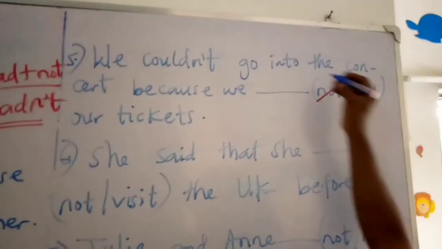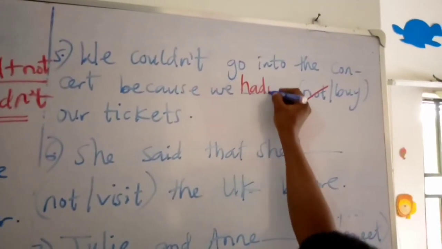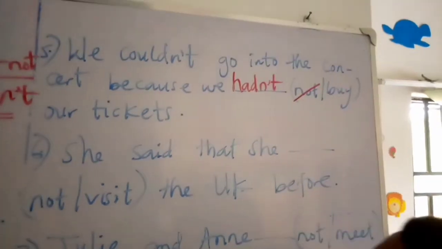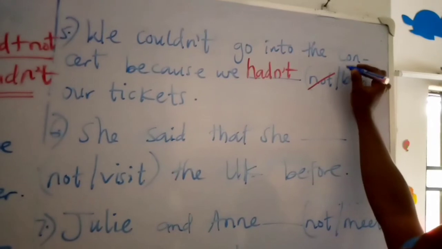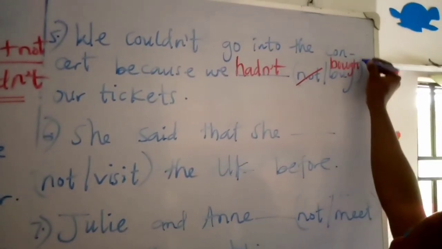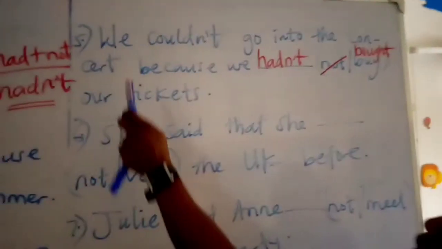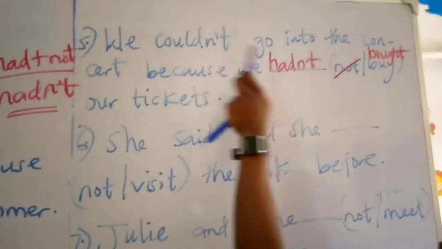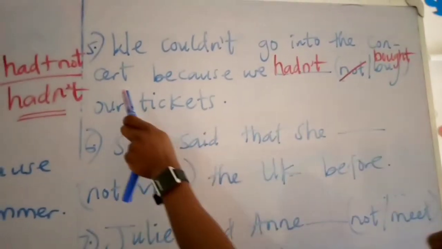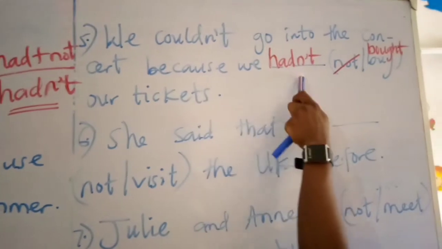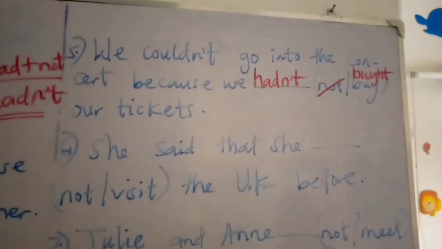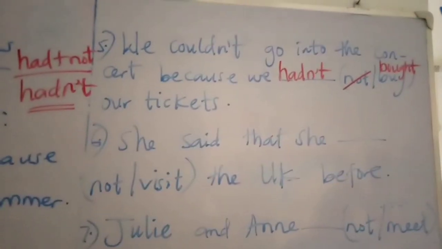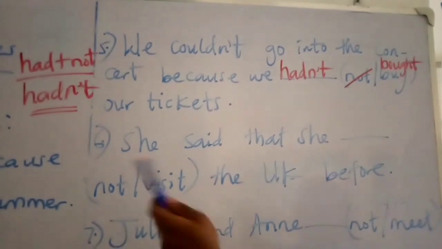Cancel your not, add it to your had, and it gives you hadn't. What is the past tense of buy? Bought. We couldn't go into the concert because we hadn't bought our tickets.